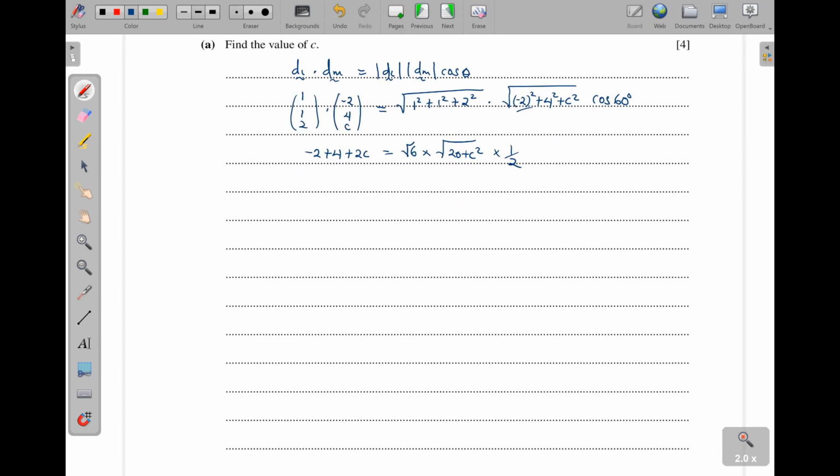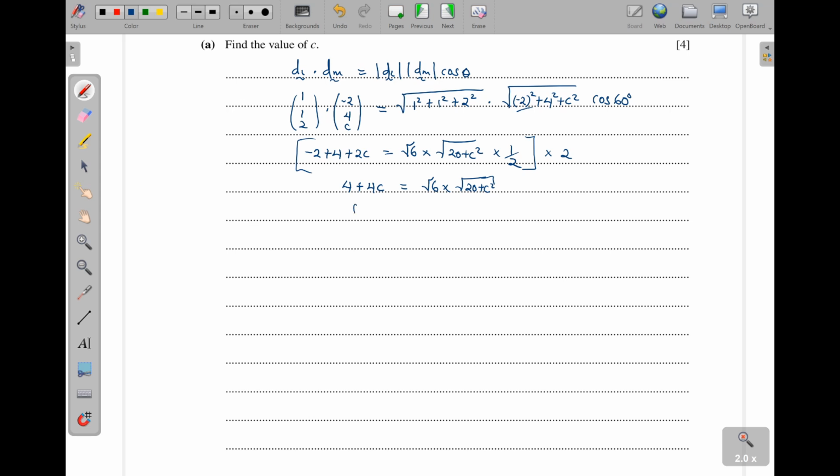Okay, then I can actually, this one will give me a 2. Then I can cross multiply. I can multiply everywhere by what? By 2, just to eliminate the denominator. Okay, so this one gives me a 2, then plus the 2c. Now when I multiply by 2, that one will give me 4 plus 4c. Then here we have root of 6 times root of 20 plus c squared.